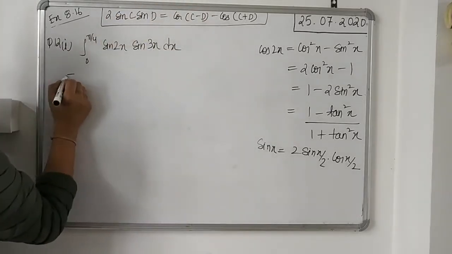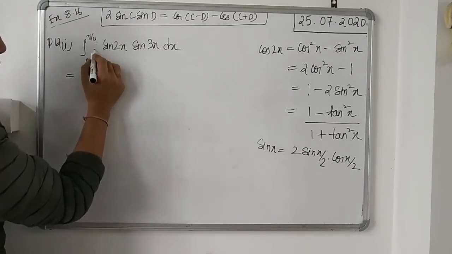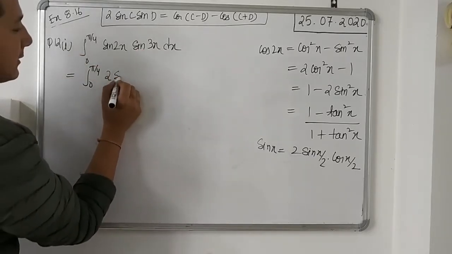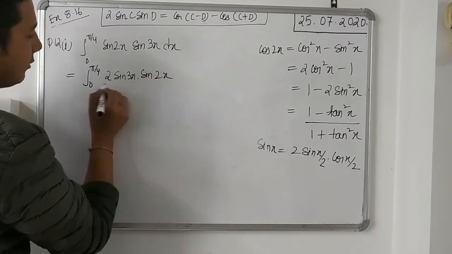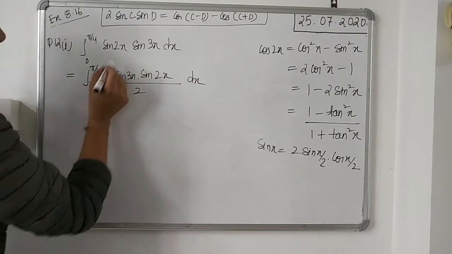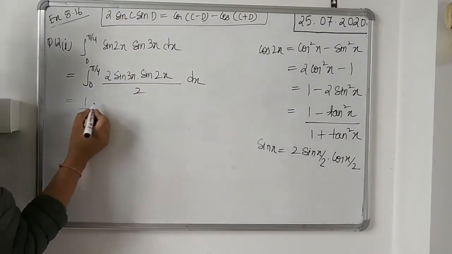So write 0 to pi by 4. But I need 2 out here, so multiply with 2 and divide with 2 as well. I'm keeping sine 3x as the first term and sine 2x as the second term, divided by 2. Now we can see it is in this form, right? So 1 by 2 is a constant.